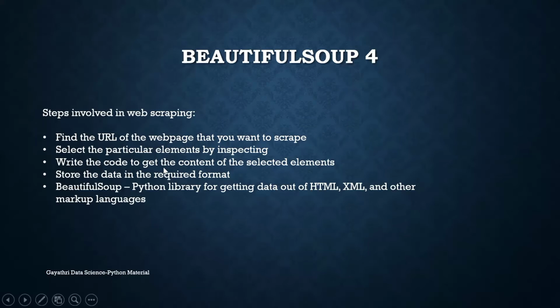Third, you're going to write the code to get the content of the selected elements. Next, you're going to store the data in a required format. Beautiful Soup is actually used to scrape data out of HTML, XML, and other markup languages.